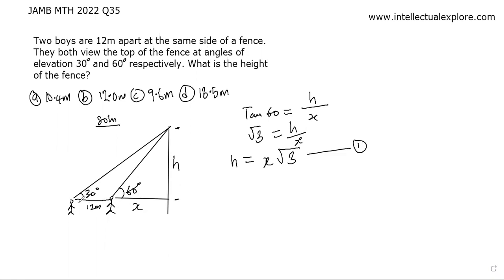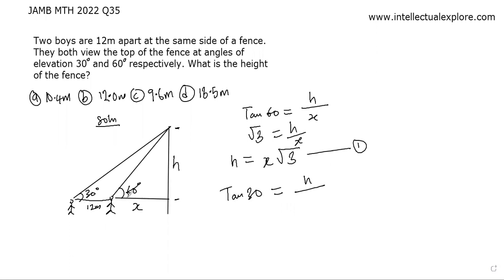Then I'll consider the first person here. I'll still use tan, since tan relates the height with the base. This time tan 30 equals opposite, which is H, over adjacent.